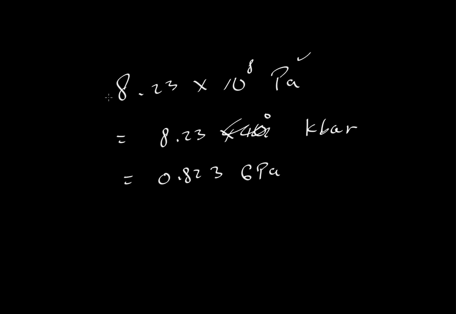If we divide by 10 to the 9th, that's just moving the decimal out here. Another common unit in geology is megapascals, and so this would be equal to 823 megapascals. So all these things are equal. This 8 times 10 to the 8 pascals would be the same as 8 kilobars, or 0.823 gigapascals, or 823 megapascals.